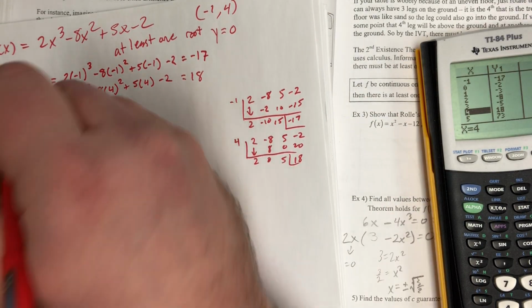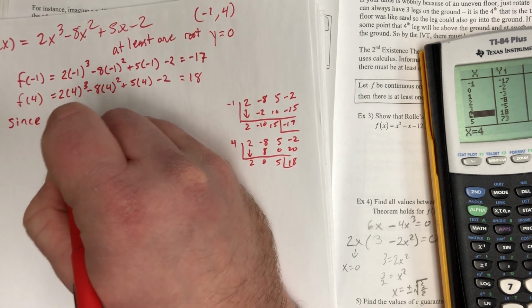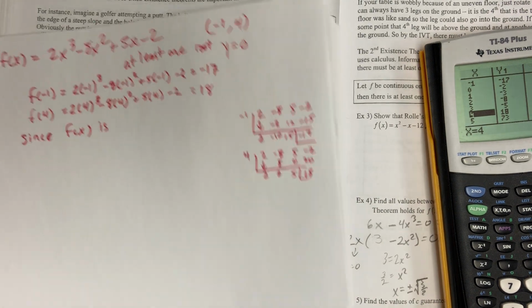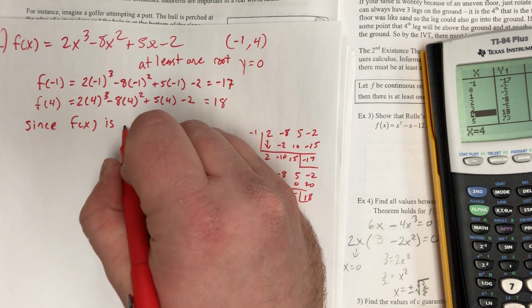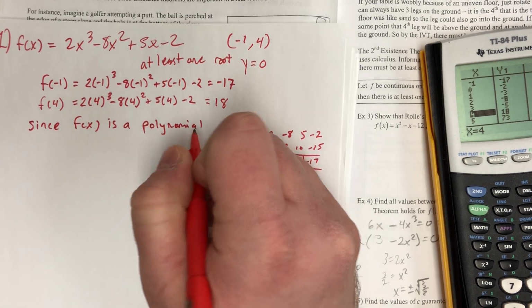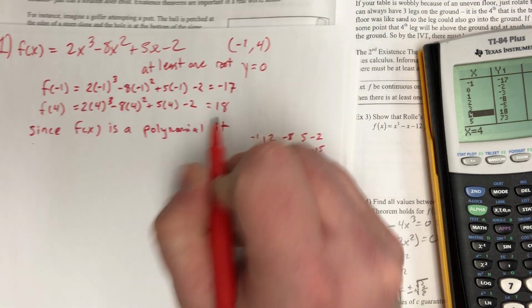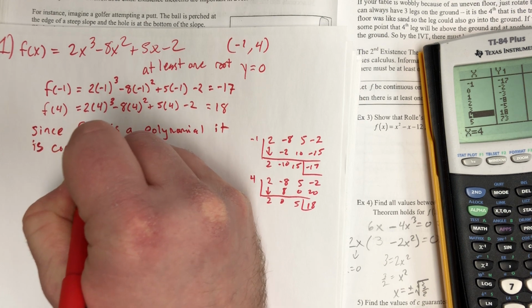And so now I can say, since f of x is, wait, how do I know f of x is continuous? Because I can't just say, oh, I know it's continuous, because they didn't tell me, they just gave me this formula. Since f of x is a polynomial, it is continuous.